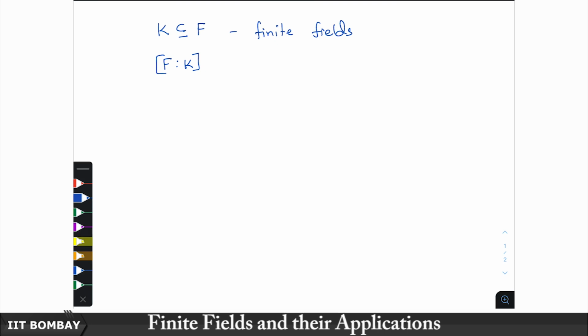And then we know that the size of f is size of k power this index of f over k. So, if this is m, then size of f is size of k power m.